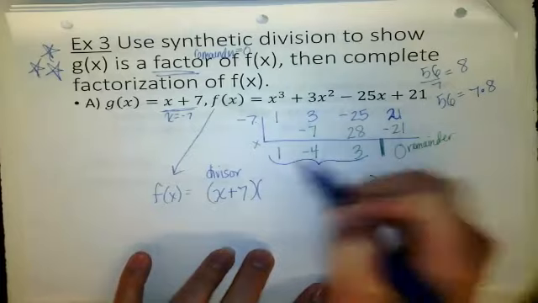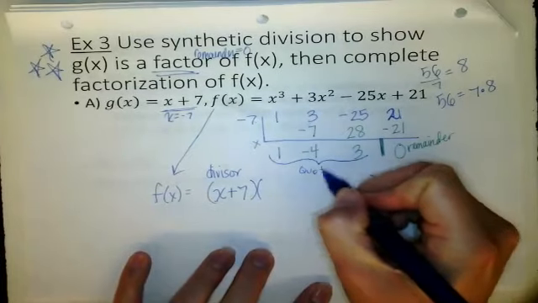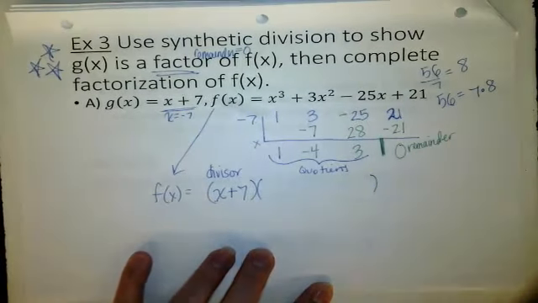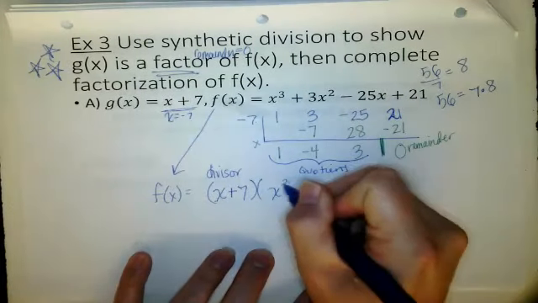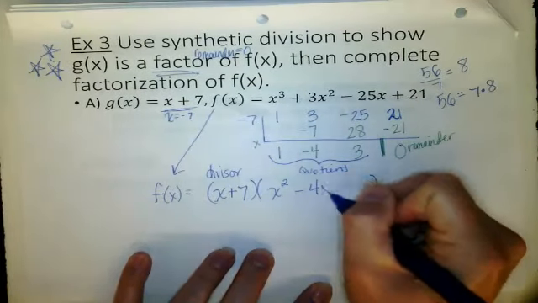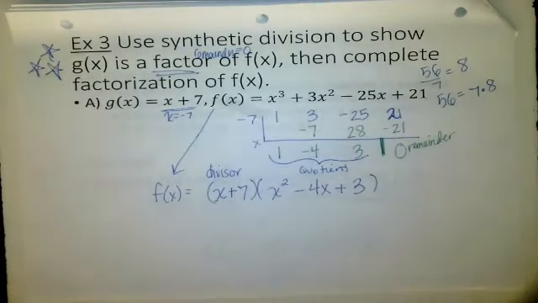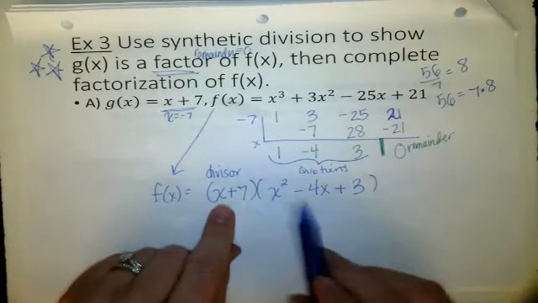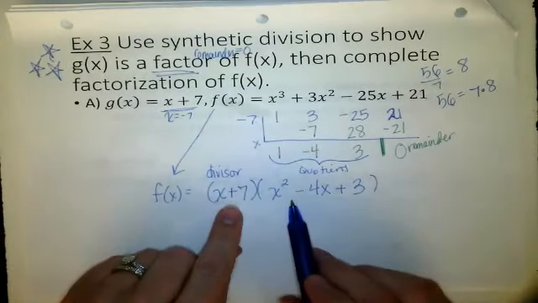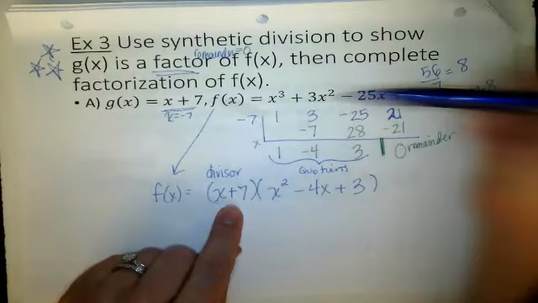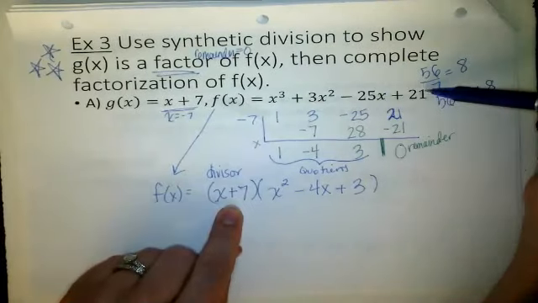So again, this is the quotient, and we want to convert it back into a polynomial. So what would it be? 1x squared minus 4x plus 3. Very good. So notice, if you were to multiply these two things together, what would we get? The same thing we started with.